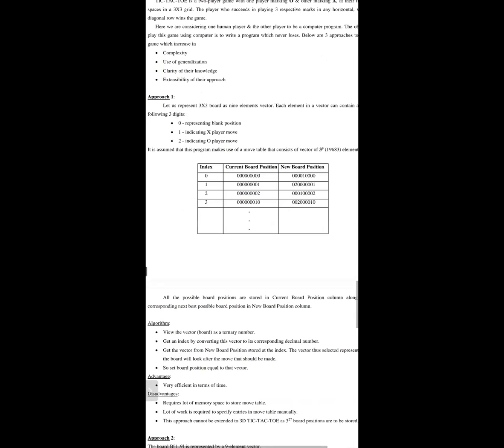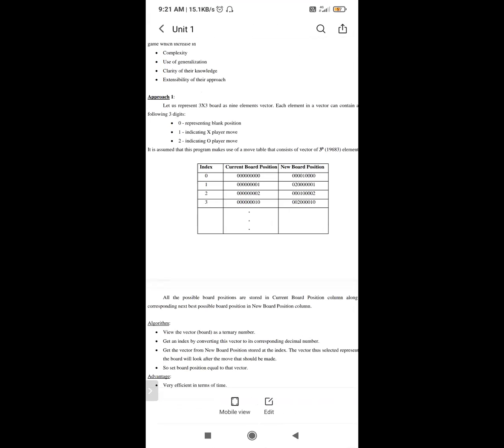So view the vector of the board as a ternary number. Okay. So get an index by converting this vector to its corresponding decimal number. So you have to view the vector board as a ternary number.